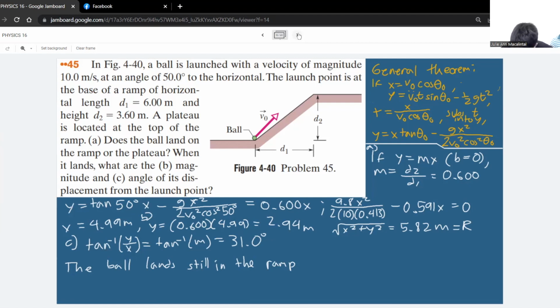So forget about this problem. Don't use the values given. And let's just deal with an abstract angle. So pakita ko yung setup, para lang ma-analyze natin yung ano.